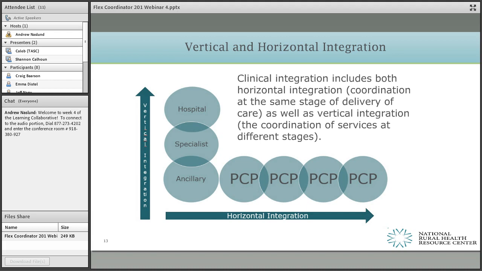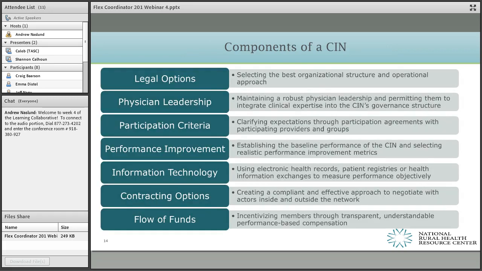And that included primary care providers as well as hospitals, and then perhaps even ancillary services that participated in the care of the patient population that's included in the ACO. You can be 100% vertically integrated, or you could just be horizontally integrated, or some sort of mix. But that's the importance of knowing what your goal is and having clinical integration.